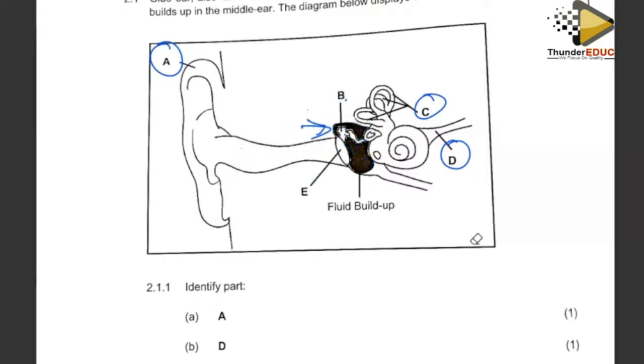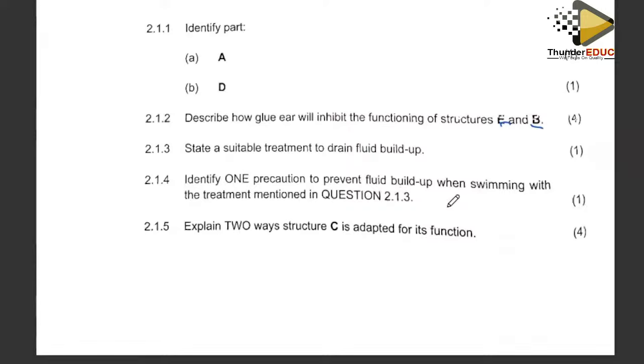Since there is too much fluid inside, like this black thing you see, the pressure is too much here. So how do I ease this pressure, this pain? By inserting what are called grommets. Visit our distinction material book. You'll be able to get this perfectly well.